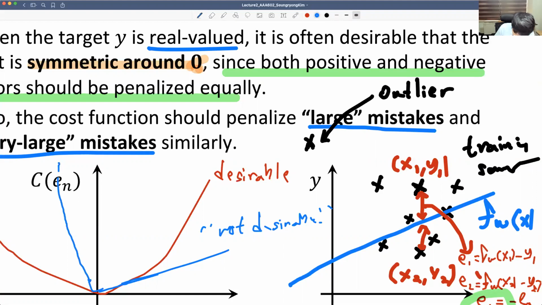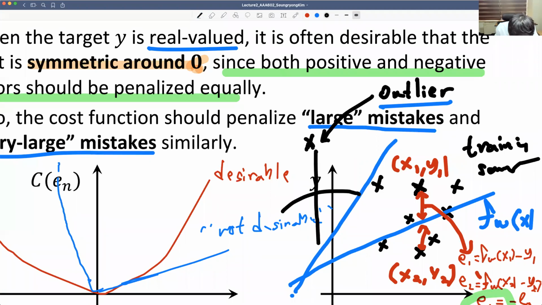So if the cost function considers this outlier, the mapping function, the straight line, will be something like this one, right? Because it considers this error as well. So it's not optimal. I mean, it's not desirable, right?